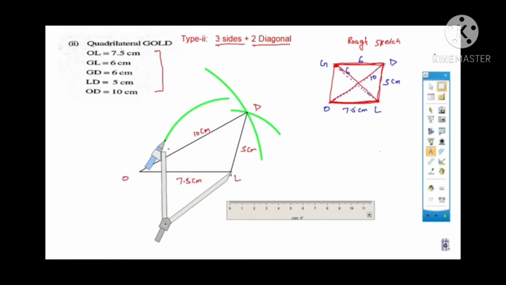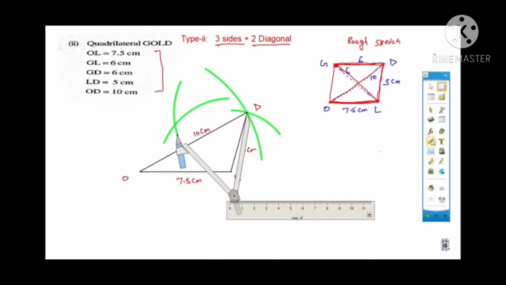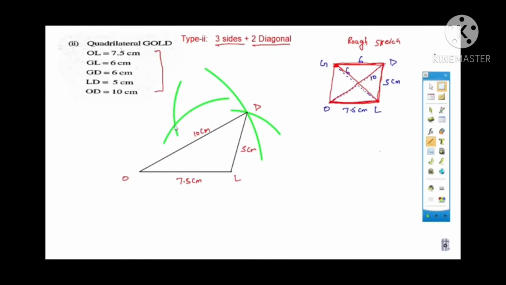Both are same. So with L as a center, cut an arc that is diagonal, and with D as a center, cut the previous arc. Again you will get the point of intersection there. Is it?